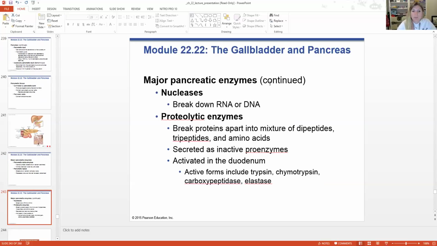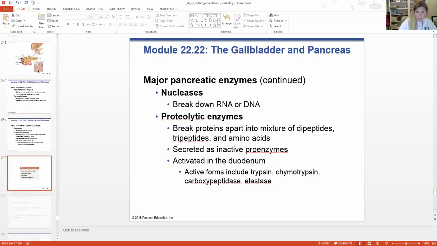They're secreted typically as inactive proenzymes, and then they become activated when they are in the solution in the duodenum. So the active forms are named trypsin, chymotrypsin, carboxypeptidase, and elastase. Those are the specific enzymes that are activated in the duodenum.